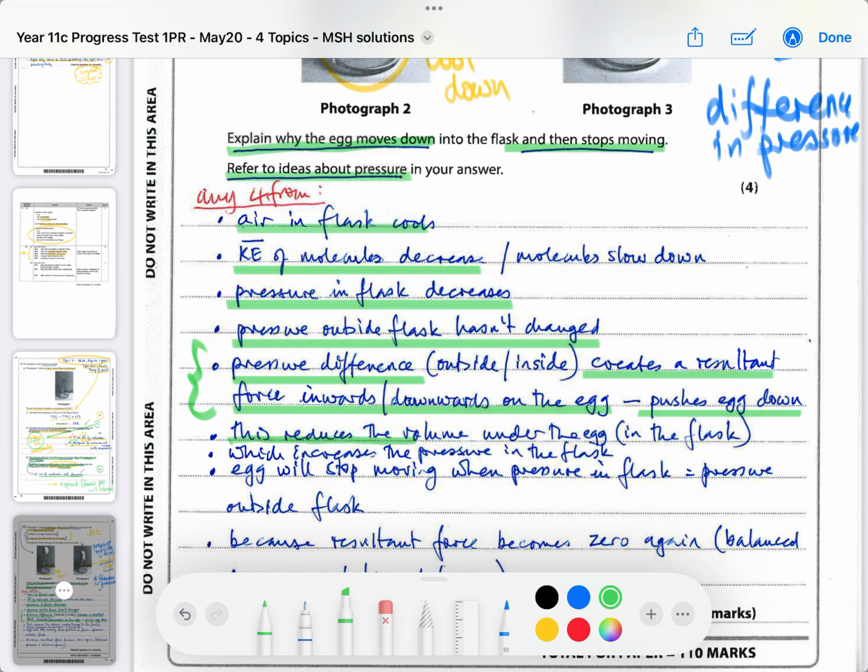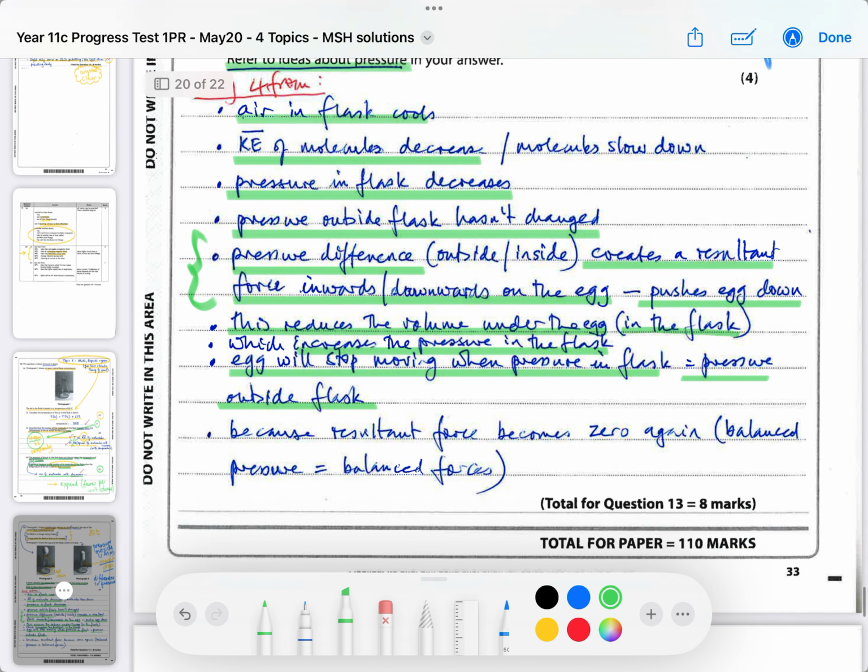This reduces the volume under the egg as the egg takes up the space in the flask, which will gradually then increase the pressure in the flask because the volume decreases. The egg will then stop moving when the pressure in the flask goes back to being equal to the atmospheric pressure outside the flask, because if the pressure difference is zero, the resultant force will become zero again.